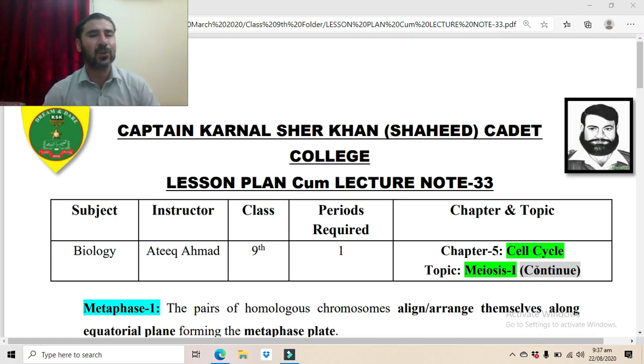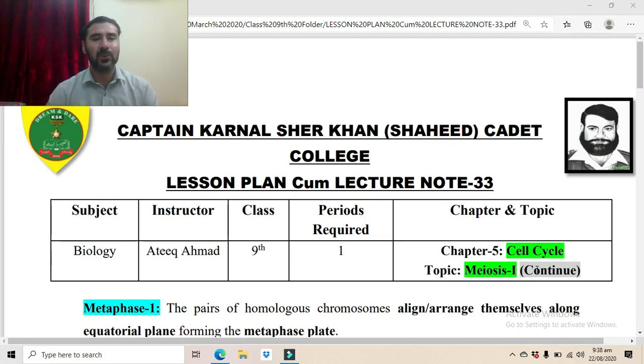The non-sister chromatids exchange parts, and genetic recombination occurs. In the prophase 1, the nucleoli disappear, the nuclear membrane breaks down, and the spindle fibers are formed.